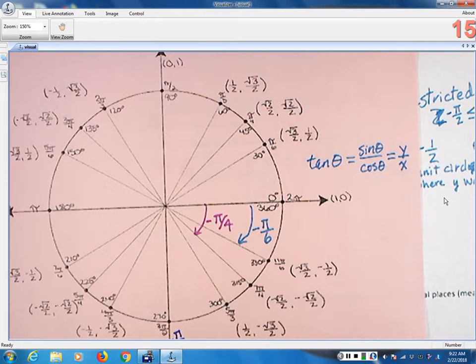So maybe I need to say that y over x is one half over square root of 3 over 2. You can remember that the 2's cancel here, which makes it easier. Or flip the second fraction and multiply, and then rationalize.